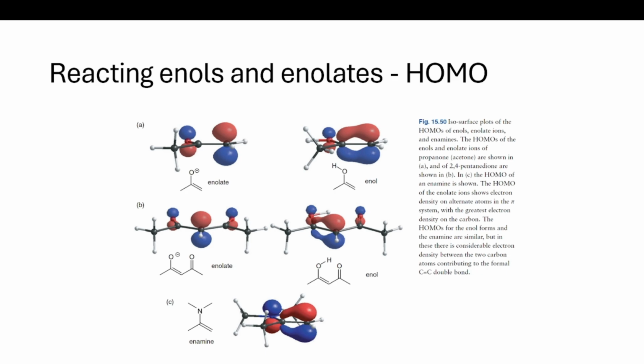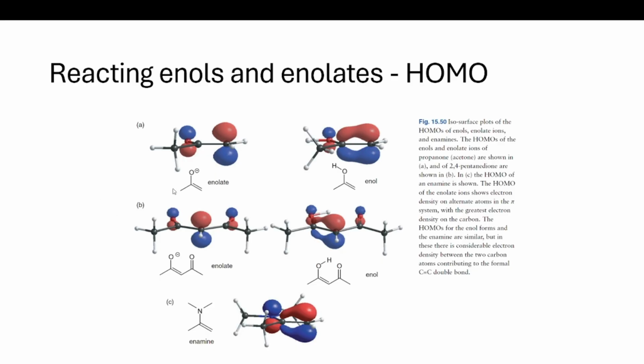Now, looking at the molecular orbitals for enols and enolates, we're going to look at the HOMOs, or highest occupied molecular orbitals. And using these particular plots, we can observe that for enolate ions, electron density is going to be on alternate atoms in that particular pi system, or in this little double bond here.